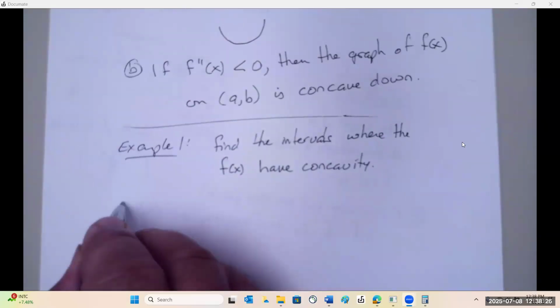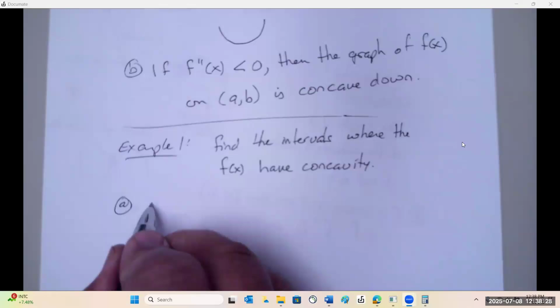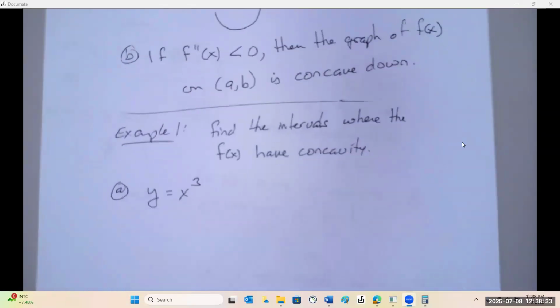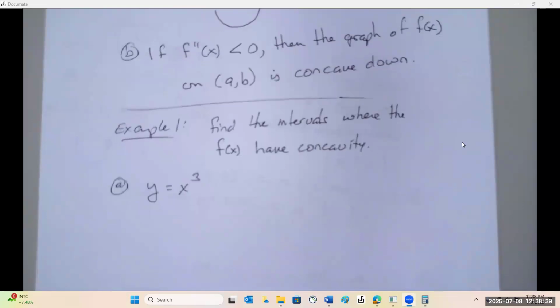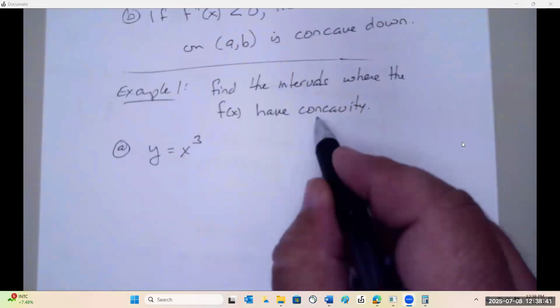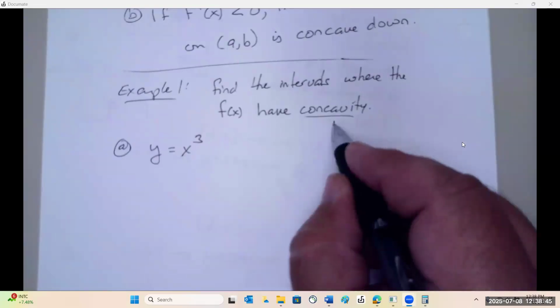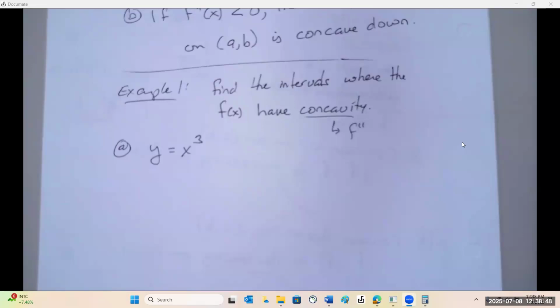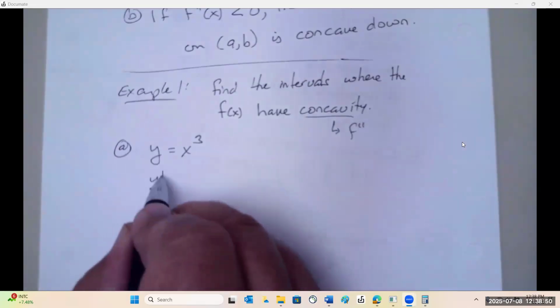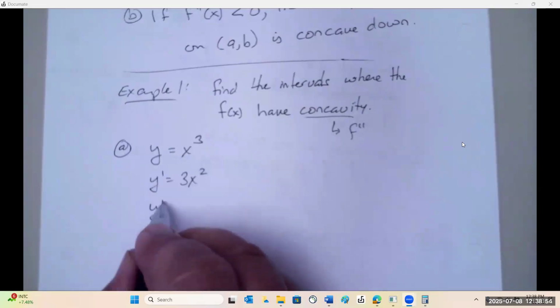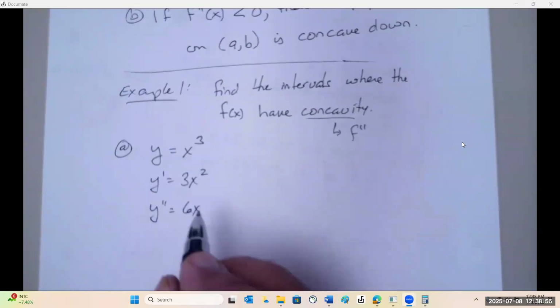And here they are. Here's the first one, A. y equals x cubed. What do we need for concavity? We need a second derivative. So let's find the first derivative, which is 3x squared, and then the second derivative, which is 6x.